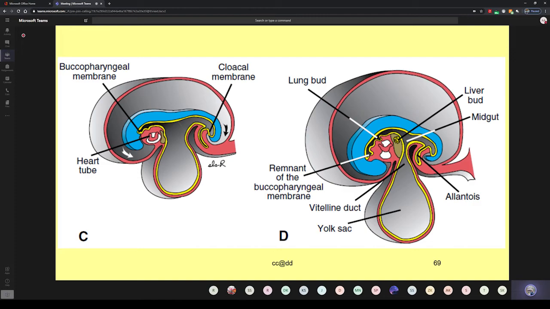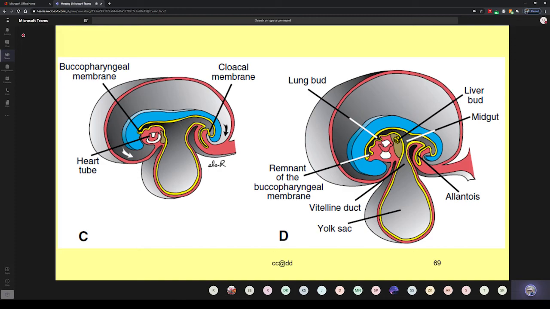Finally, I kept on repeating that you must keep in mind that there are some folds occurring. Okay. Now, in this picture, what you must understand is the head fold and the tail fold are responsible for pulling up the yolk sac into the embryo and formation of the future gut tube.